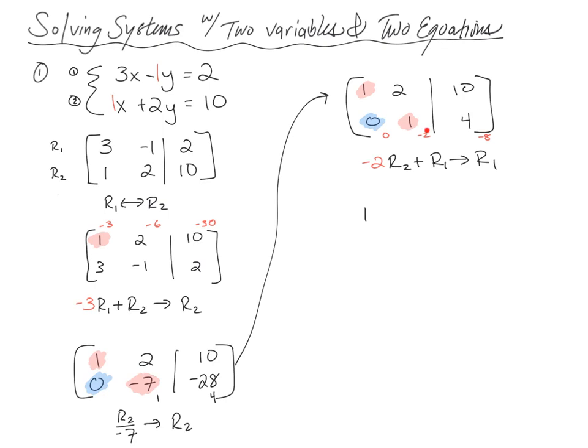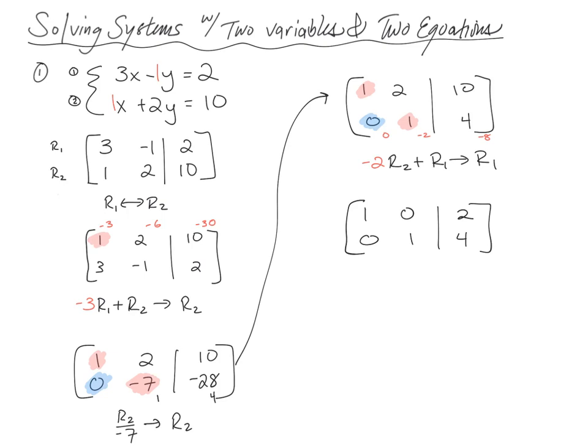Negative 2 plus 2 is 0. And negative 8 plus 10 is 2. And the second row does not change here. That's it. We are in reduced row echelon form. We've used Gauss-Jordan elimination to its fullest.